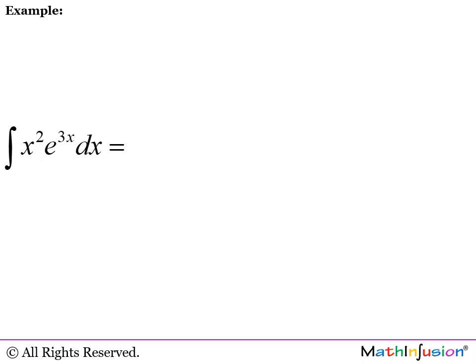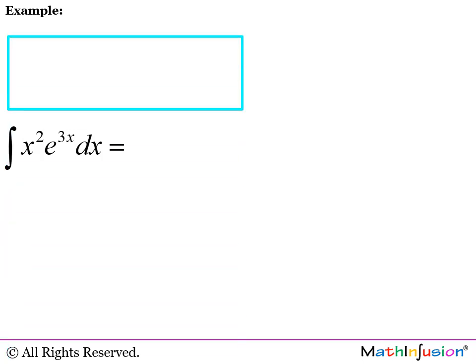Another example, the integral of x to the power of 2 e to the power of 3x dx. You can recognize the e to the 3x, and you should recognize the reduction of x to the power of 2. So this is a clear-cut case of u equals x to the power of 2. So du is 2x dx, and dv is e to the 3x dx.